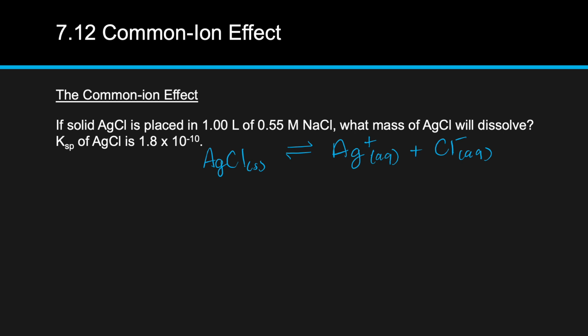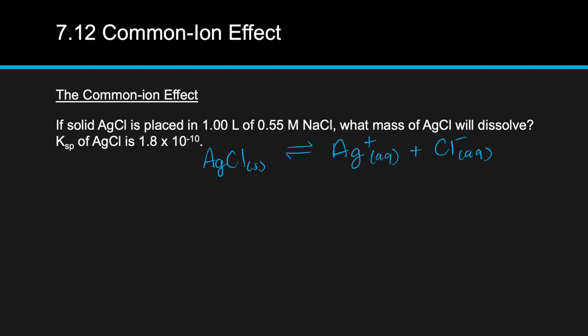So let's think about conceptually what's happening here. We have a beaker filled with salt water, NaCl dissolved in water. Then we're going to put our solid AgCl in this salt water, and we're trying to figure out how much AgCl will actually dissolve.